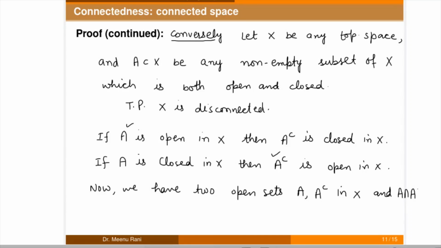So A intersection A complement is empty, such that X can be written as a union of these two open sets also. So we can say that X is disconnected.